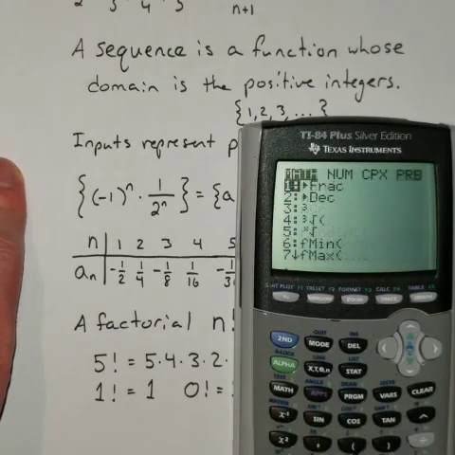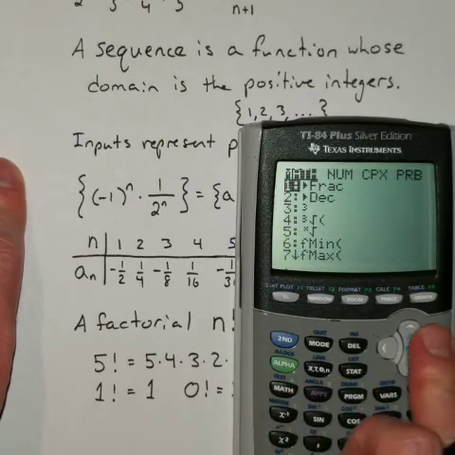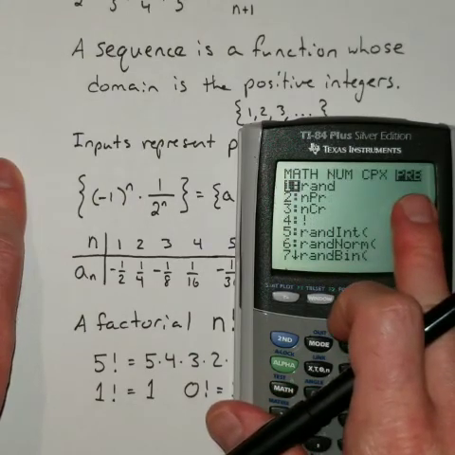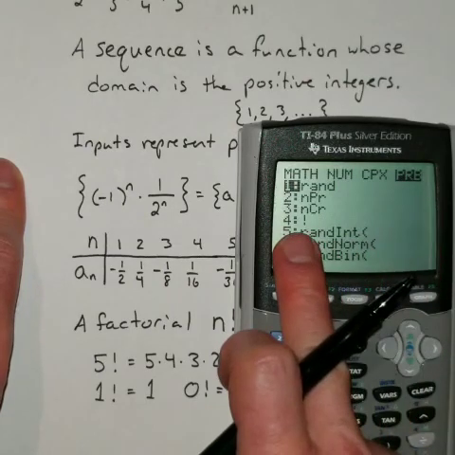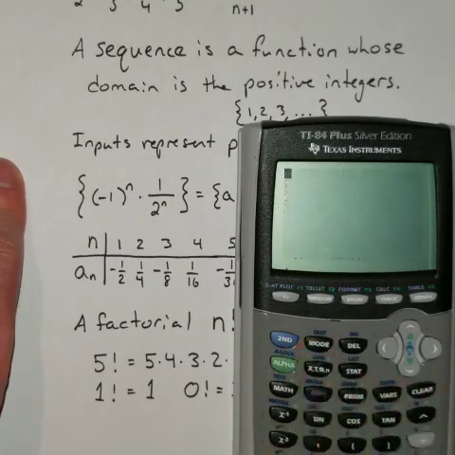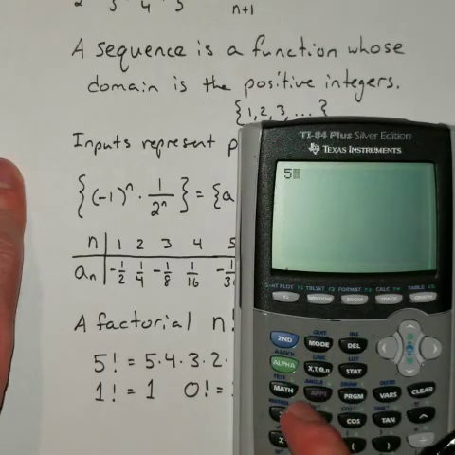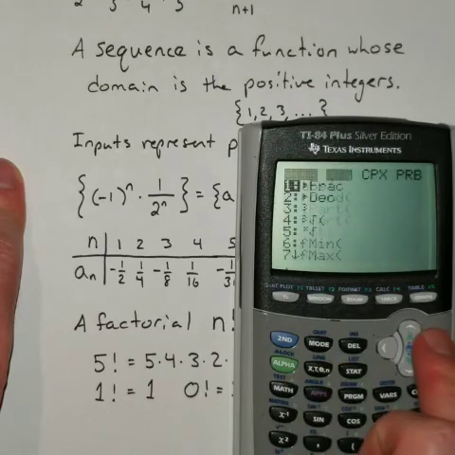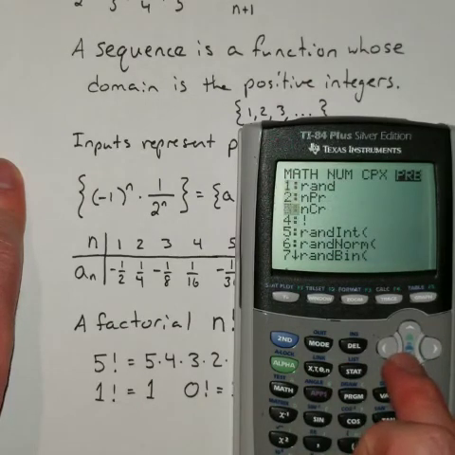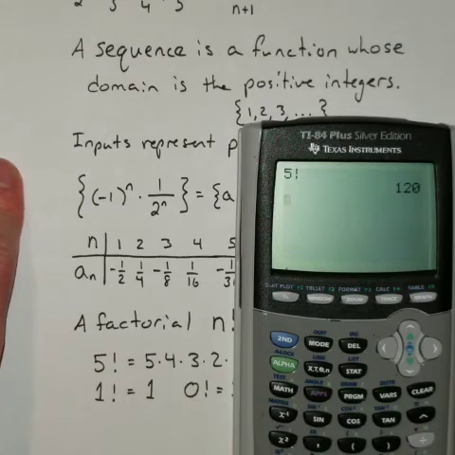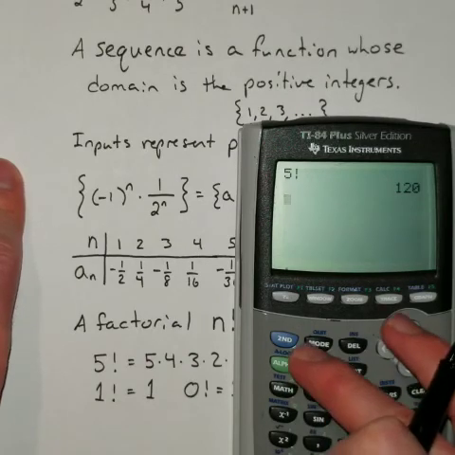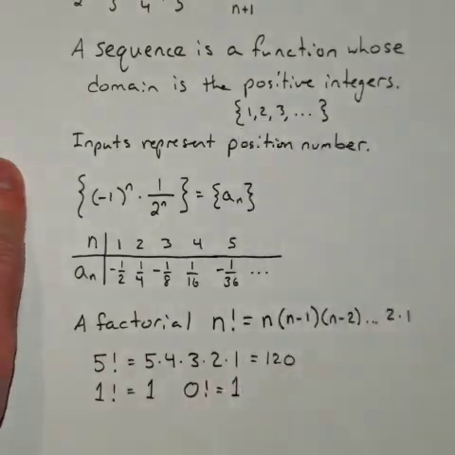So you go to the math menu, hit the math button, and go over here to PRB, probability, I think is what that refers to. And it's the 4th one down. So let me give you a value like 5 factorial. Hit the 5, hit the math, go over to probability down to 4, and that will give you the 120. So your calculators can do factorial. Hopefully you can find that faster than I just did.